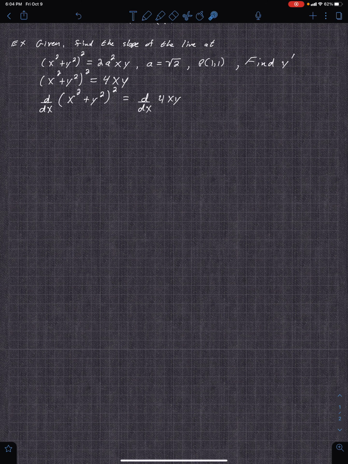When you're doing a derivative, you're really just taking a limit, so all those limit properties hold, and you just take out the constant. It's only when you have a plus 4 and you do a derivative that it becomes 0. So the left-hand side is going to be 2 times what's inside, subtract 1, so it's just 1, times the derivative of what's inside. So that's 2x plus 2y y prime.